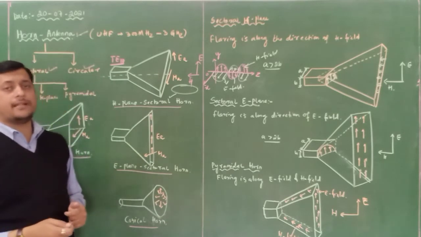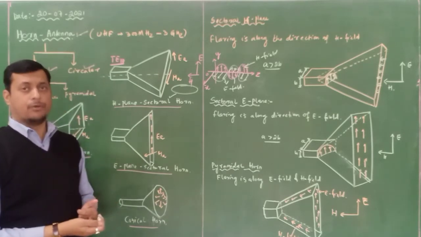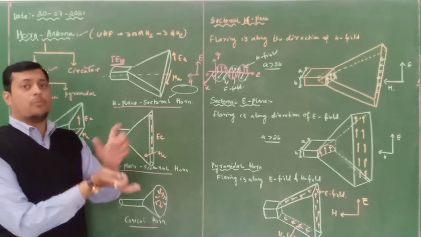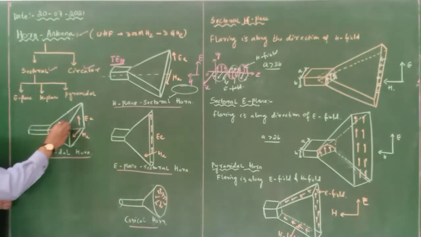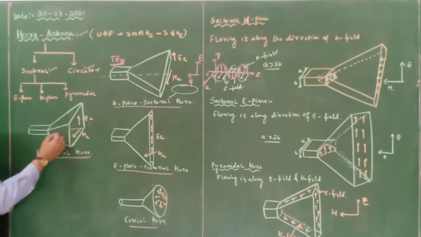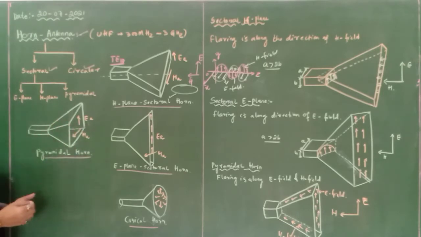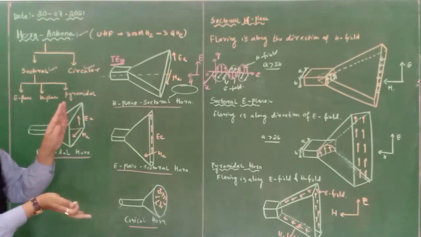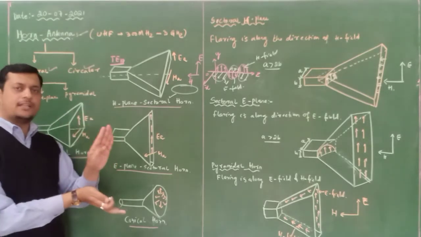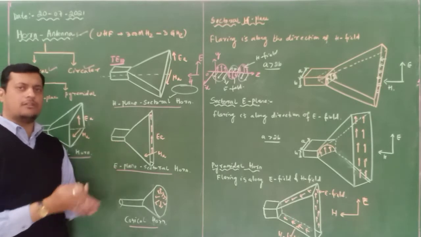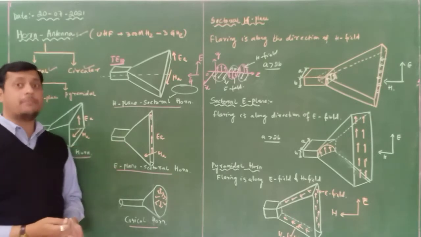It is a combination of electric field and magnetic field both, in which the opening and the horizontal both are available. So here you can see the vertical component as well as the horizontal component are both available. If the flaring is in both directions, vertical as well as horizontal, then I can say it is called a pyramidal horn antenna.